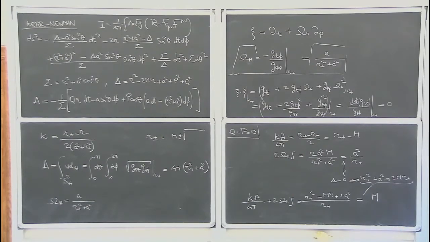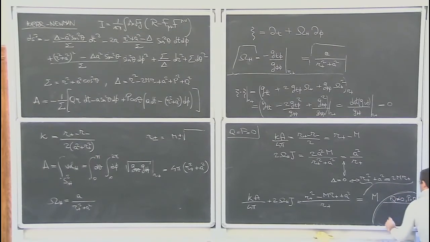As an exercise, you could repeat the same thing, but adding again the electrostatic potential. So take Q different from 0 and P equals 0.